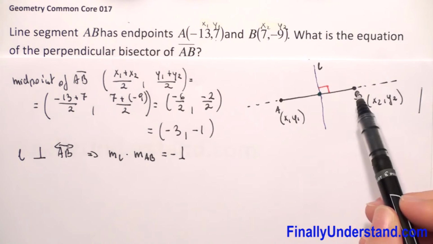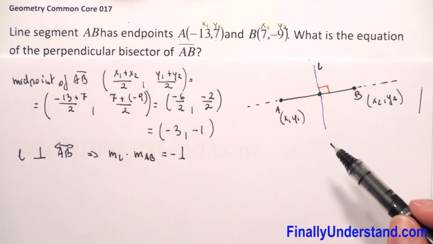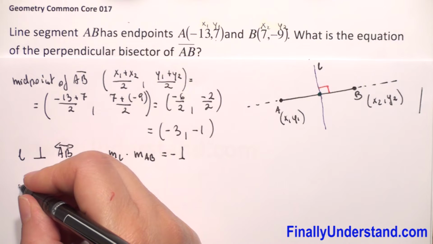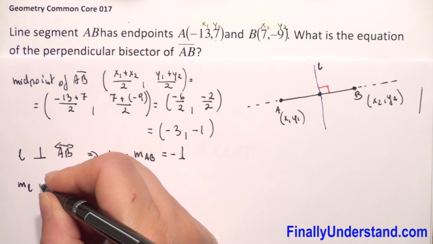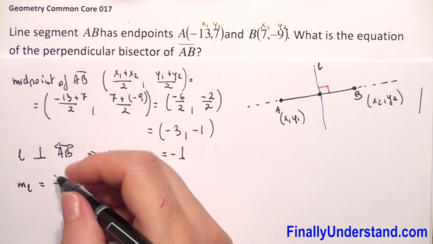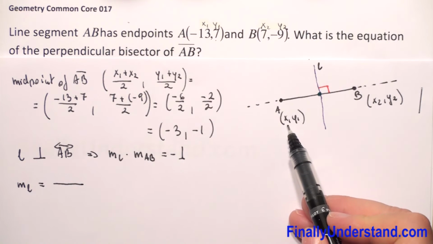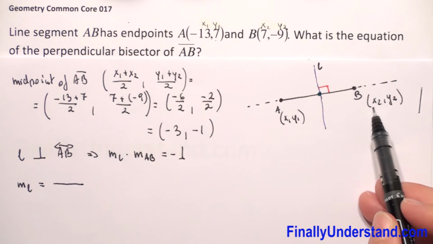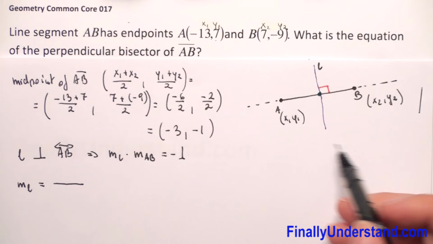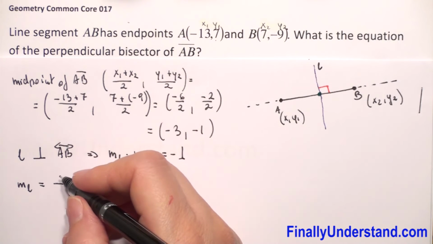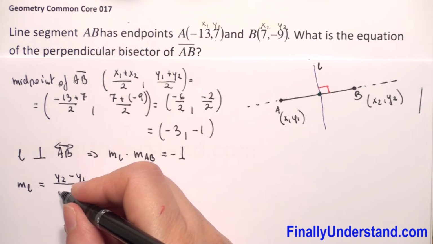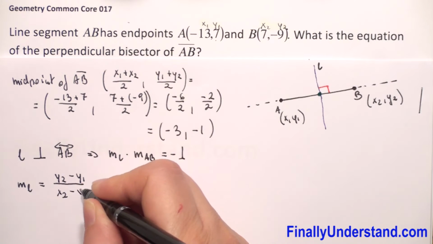For AB, we have these 2 points given. When we have 2 points, the slope of the line, with coordinates x1, y1 and x2, y2, is given by the formula: y2 minus y1 in the numerator, and in the denominator x2 minus x1.